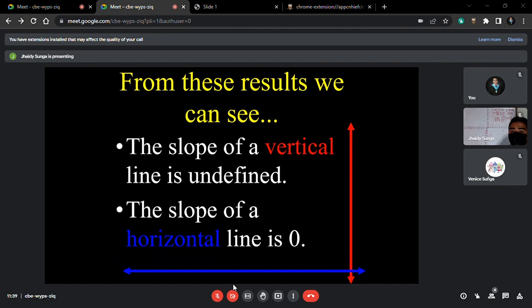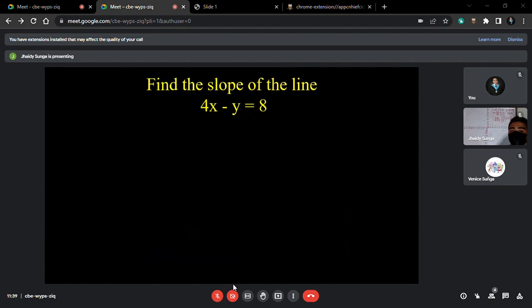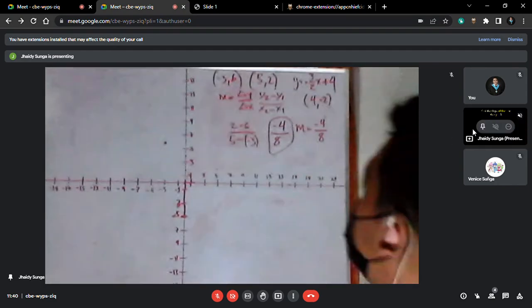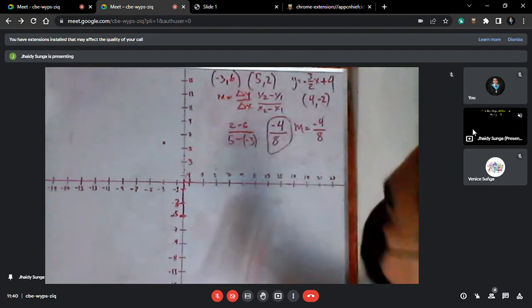Find the slope of the line for x minus y is equal to 8. Before we find this slope, let us go back to the point that we had earlier.